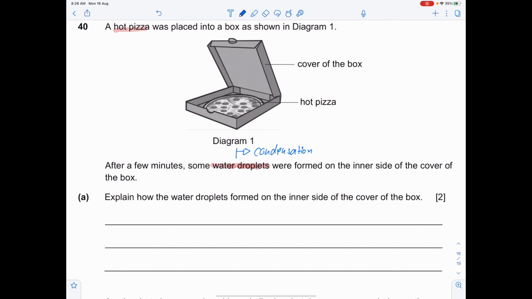Okay, because that is what is being displaced. Alright.